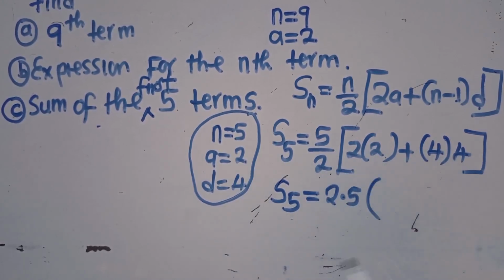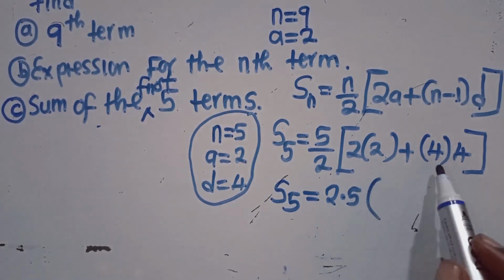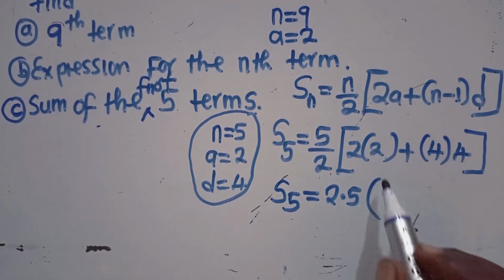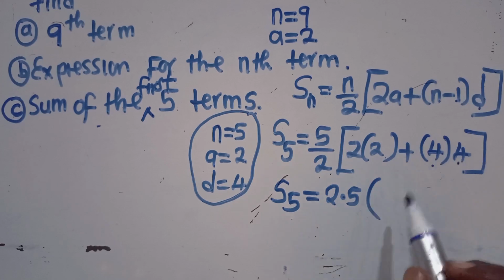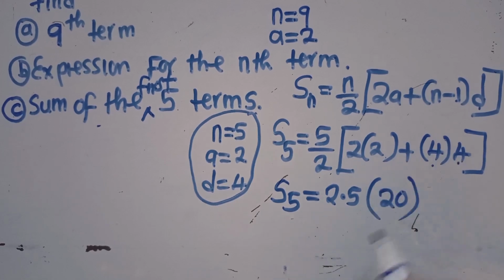Then there, what are we going to get in the brackets there? What is your answer there? So this is 4. This is 16. 16 times 4, 4 times 4 is 16. Plus 4, you get 20. This is the answer you get. Then finally, you just say 2.5 times 20.